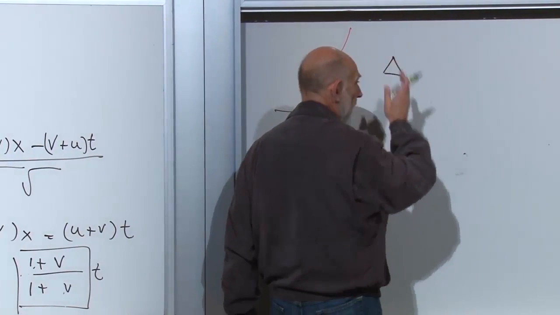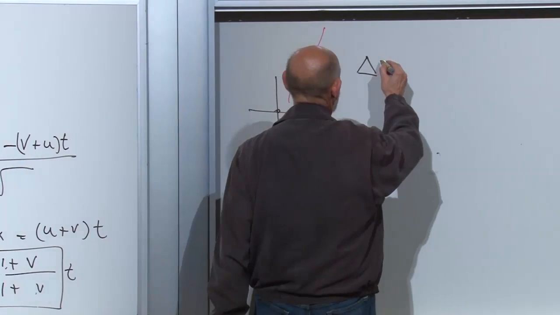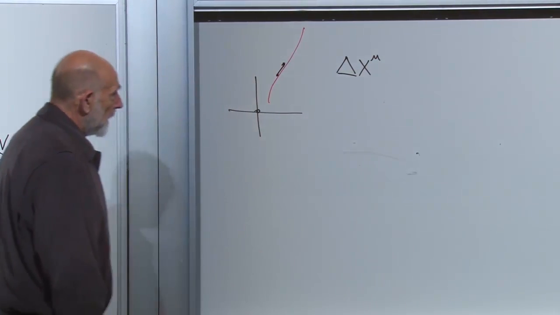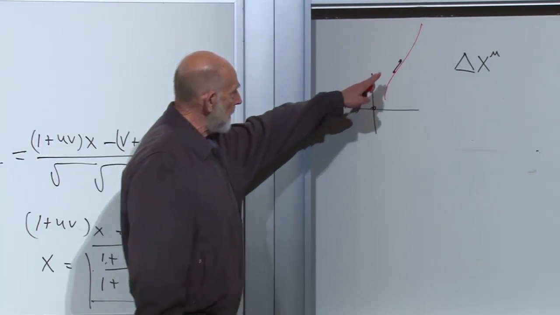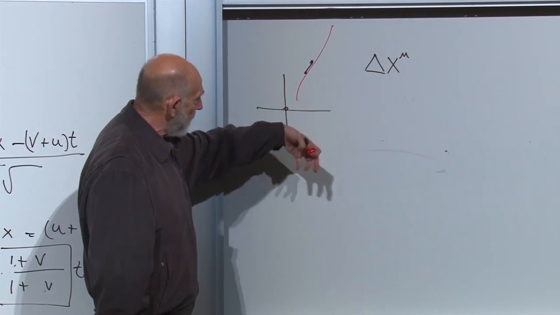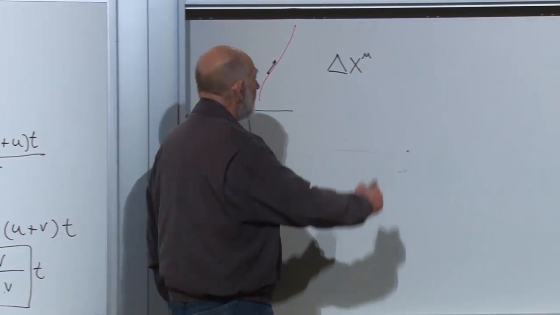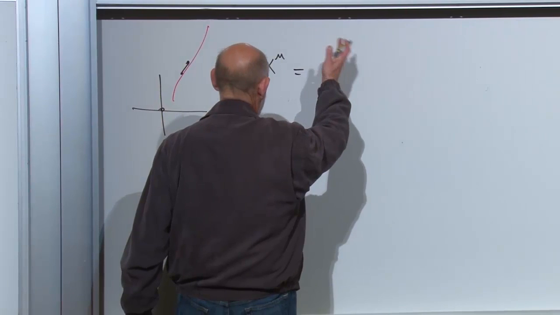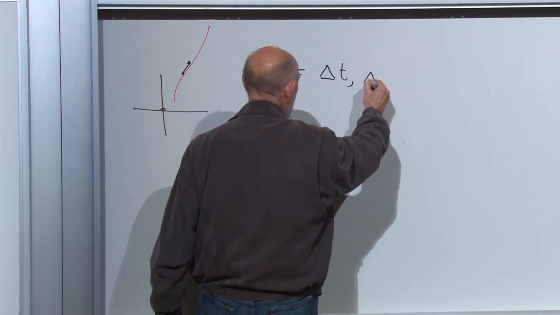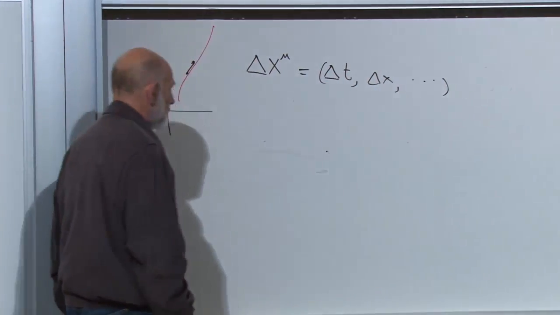So this element here corresponds to some discrete distance, a delta x mu. Delta x mu means the change in the four coordinates in going from the tail of the vector to the beginning of the vector, and it's composed of delta t and delta x, delta y, and delta z.